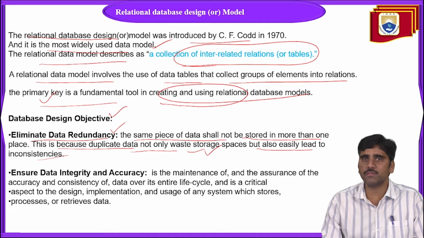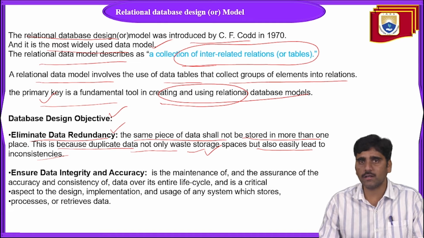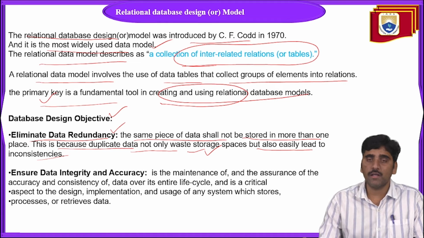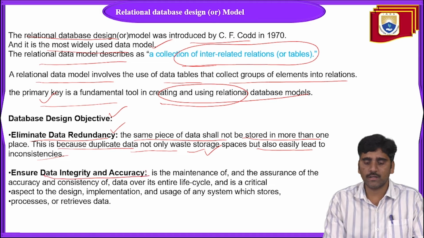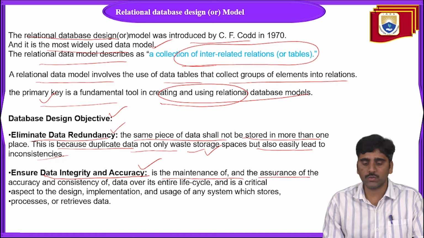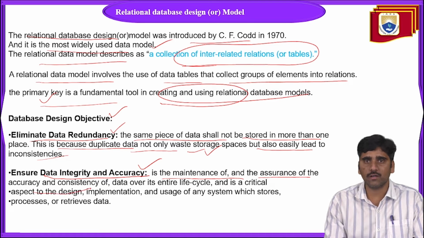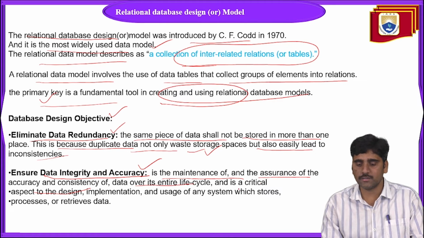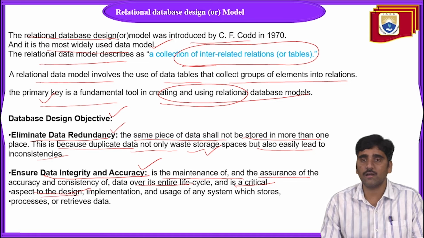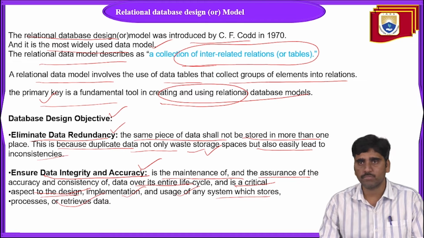The main objectives of designing this relational database model are to eliminate data redundancy and ensure data integrity and accuracy. Data integrity is the maintenance and assurance of the accuracy and consistency of data over its entire life cycle. It is a critical aspect of the design, implementation and usage of any system which stores, processes or retrieves data.